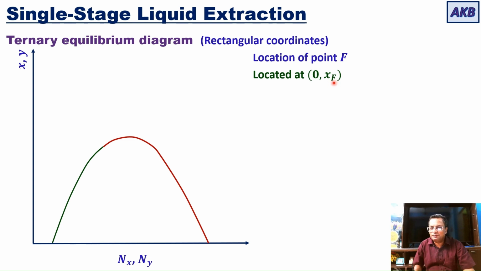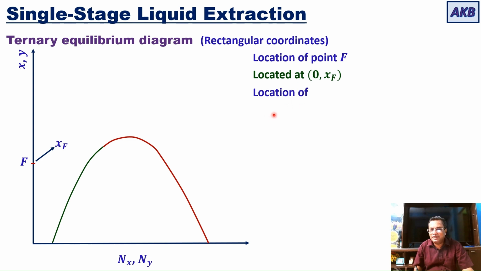That is, point F will be located on the y-axis because the x coordinate is 0. So this will be the point. The point will be at y equal to xF, and we are going to call that point as point F.